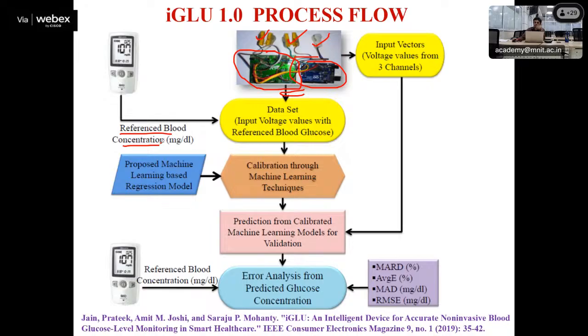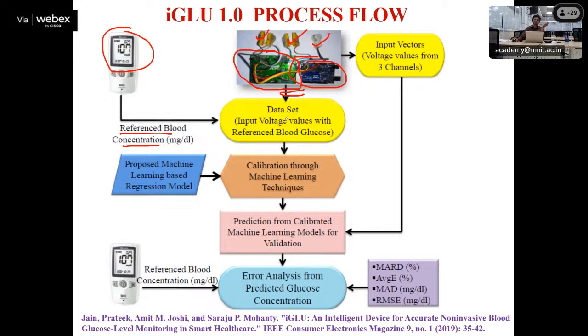For our first version, we used a self-monitoring device as the reference, and we calibrated our three sensor values against this reference value, through which we have established one regression model.